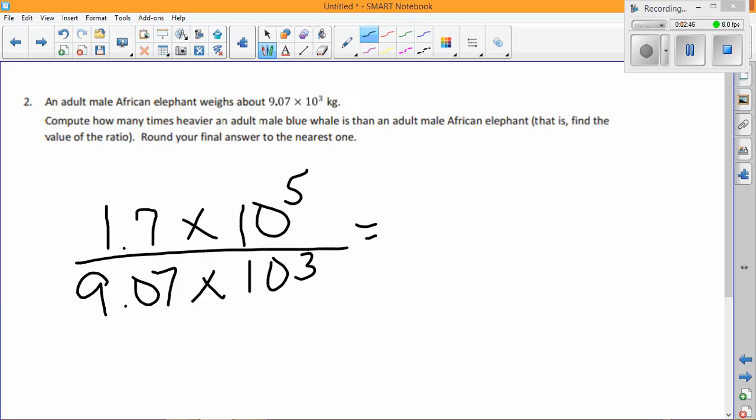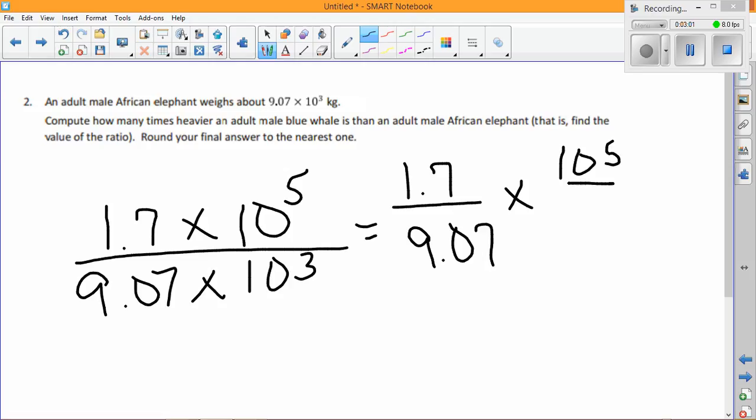And we can split these up to 1.7 over 9.07, and we can multiply it by 10 to the 5th over 10 to the 3rd.